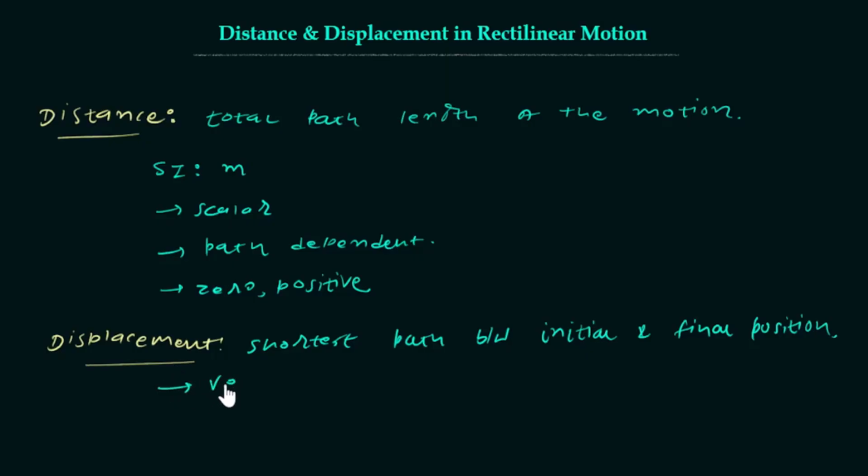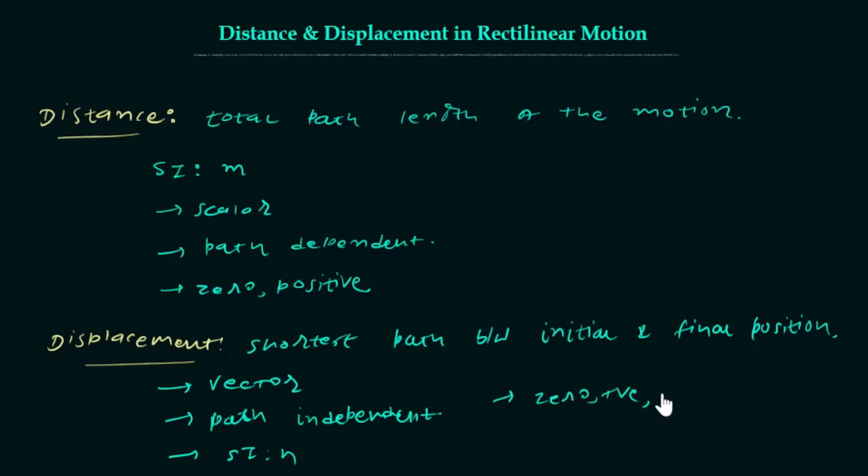It is a vector quantity. It is path independent. It can be zero, positive, or negative.